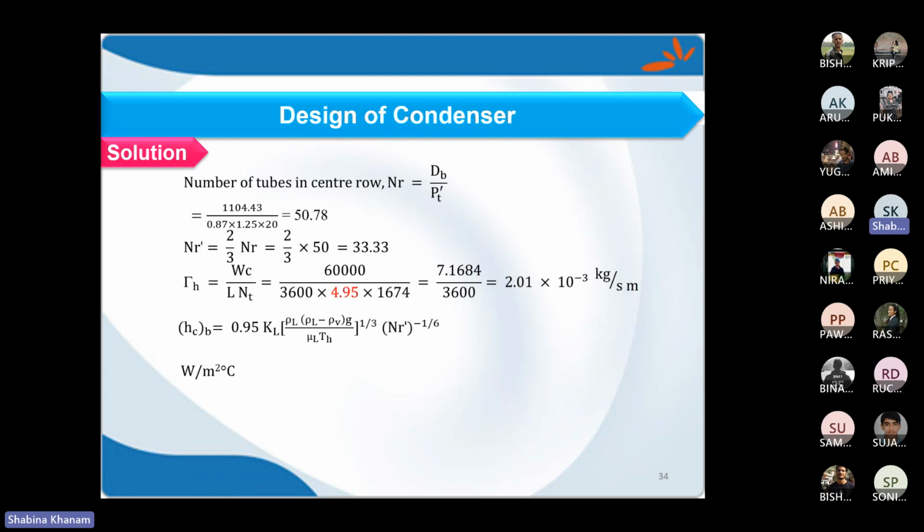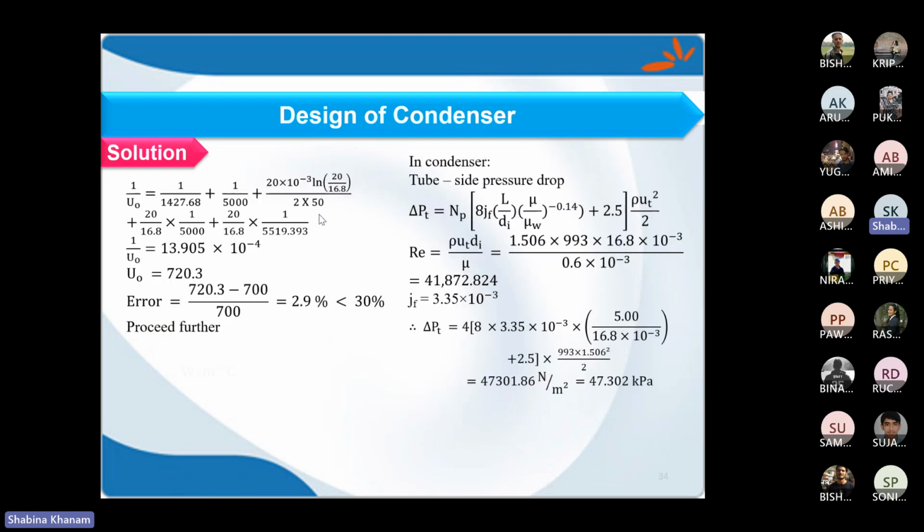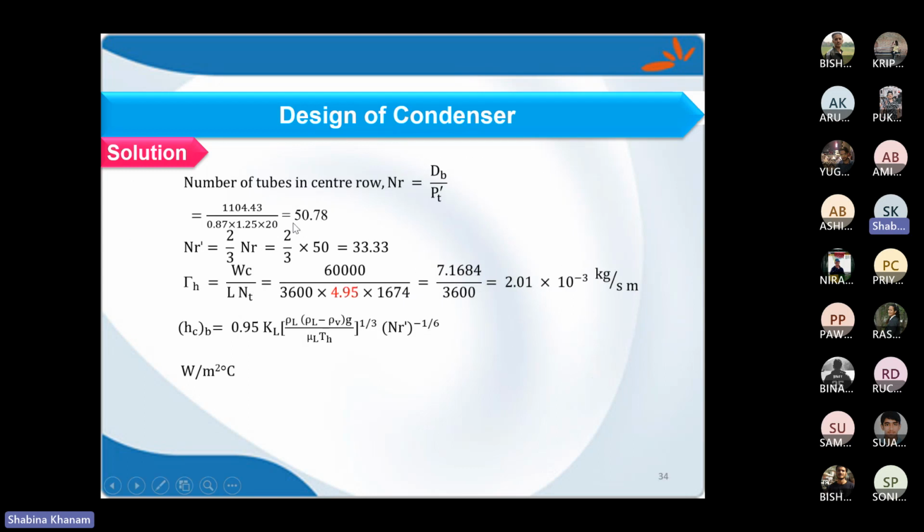PT prime is basically the vertical distance between two consecutive rows. For triangular pitch, it should be 0.87 into PT. That we also discussed yesterday. In that way, you can find out NR as 50.78.